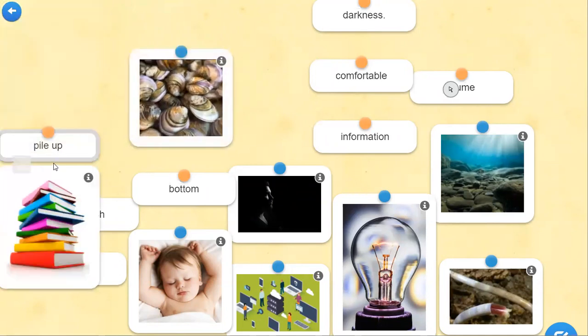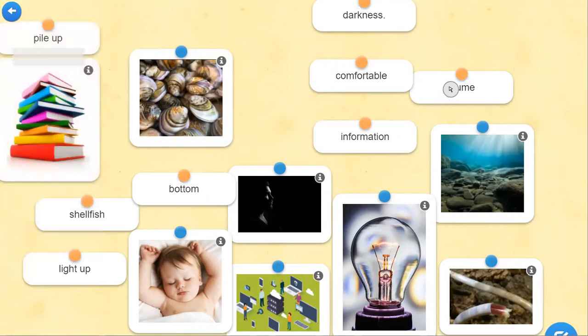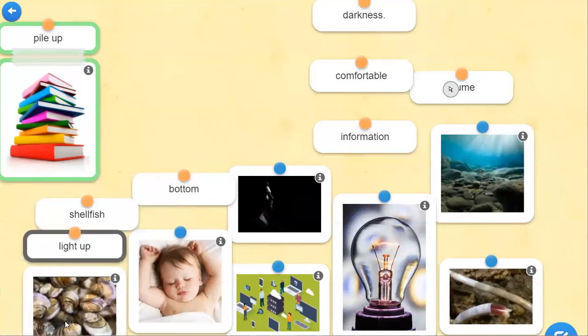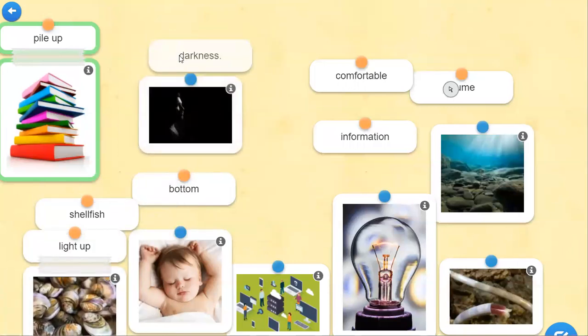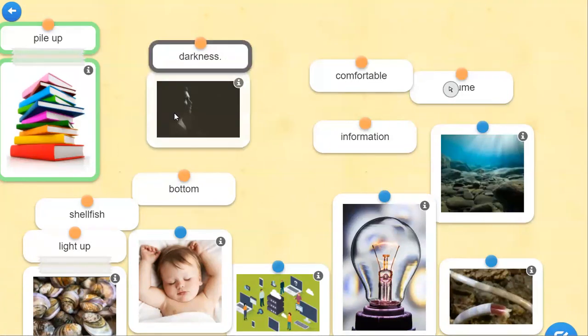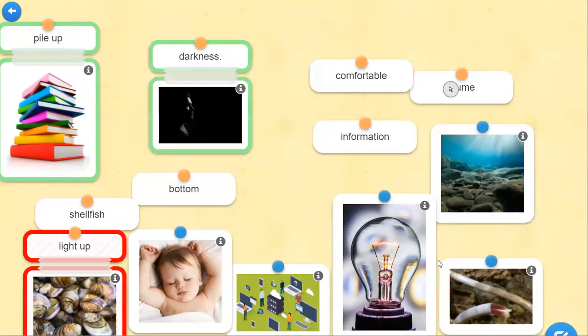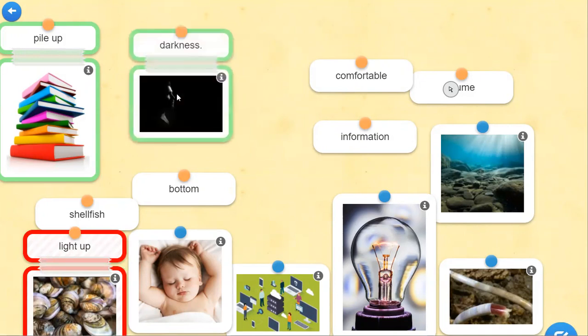Try to put in your head these words. Here is the word darkness. I revised it at the beginning and at the last of the lesson. After and before reading, I revised the vocab because I think they are important.